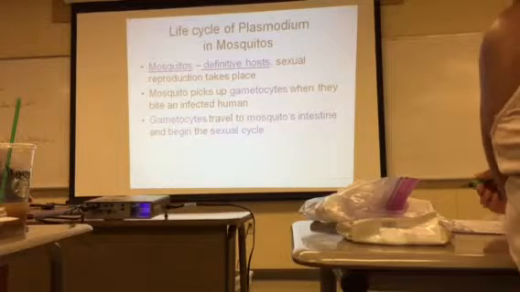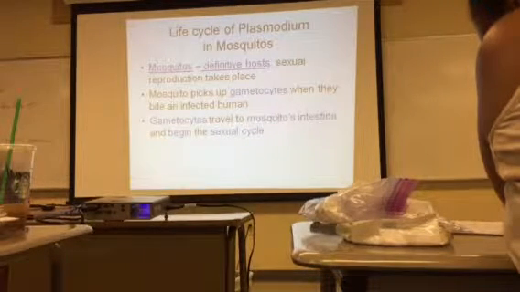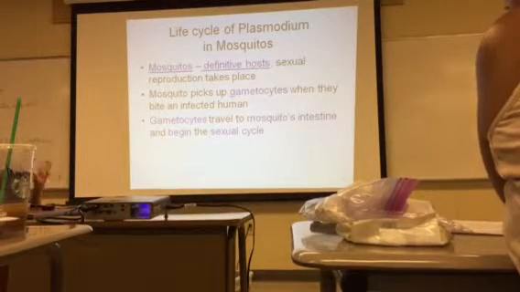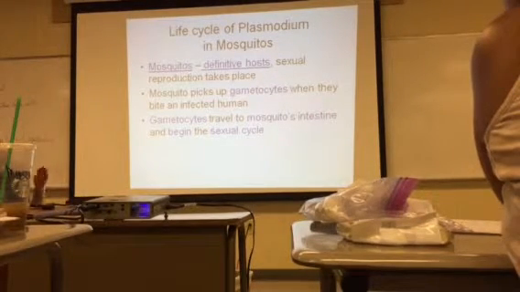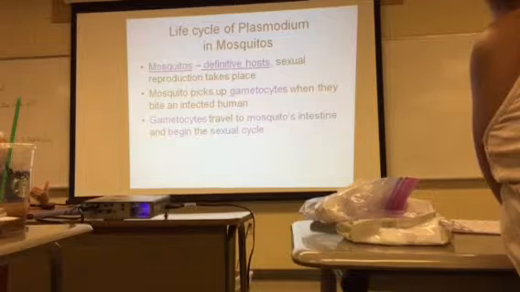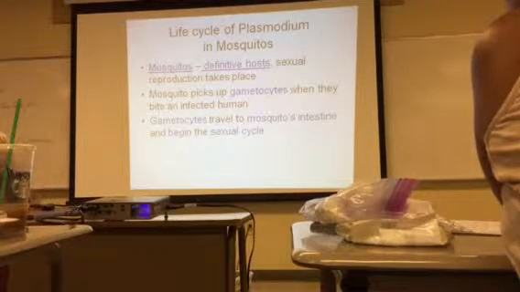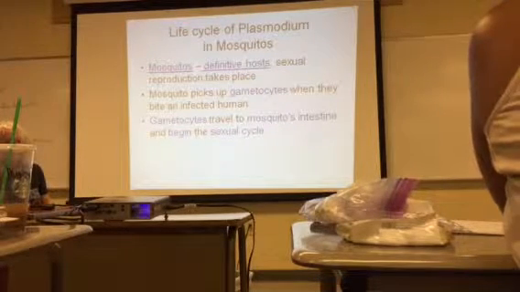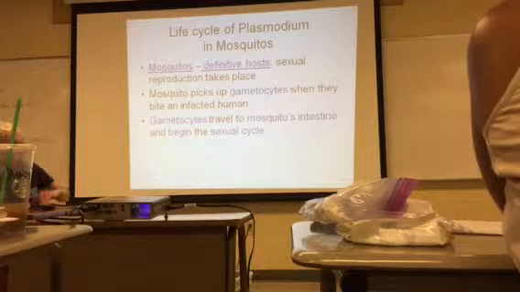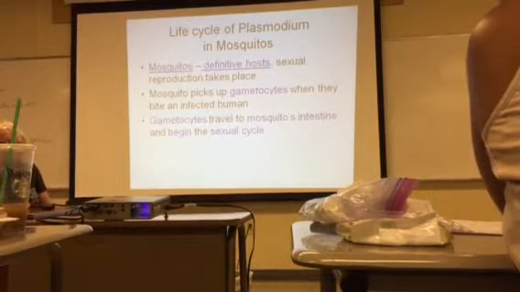So the mosquito is the definitive host. And so these gametocytes that are now male and female, when a mosquito comes along and bites you, then it can pick up some of these gametocytes from you if you have them in you. And then sexual reproduction is going to take place in the mosquito.